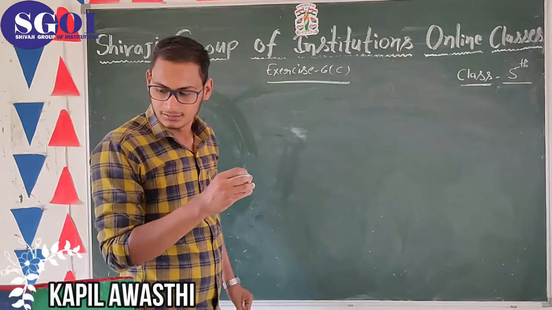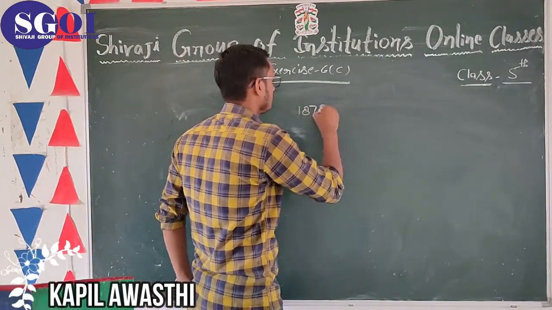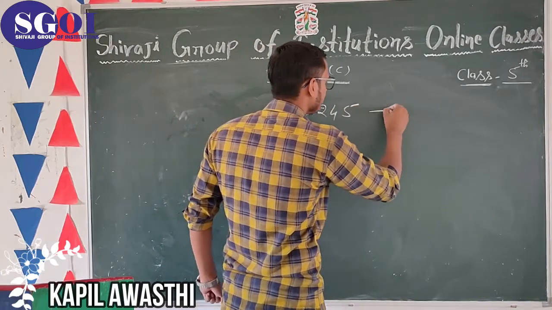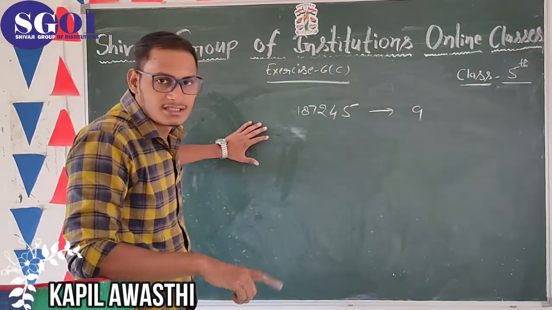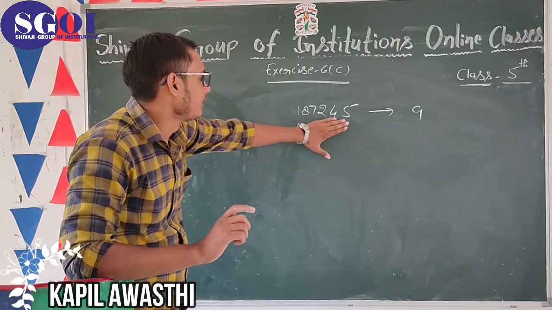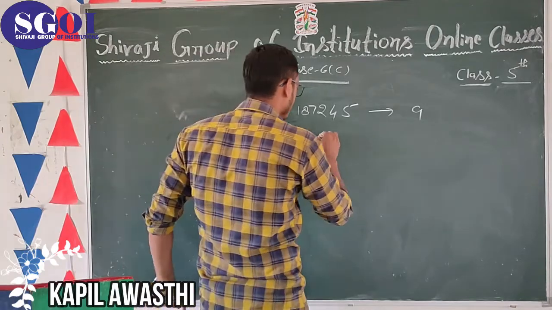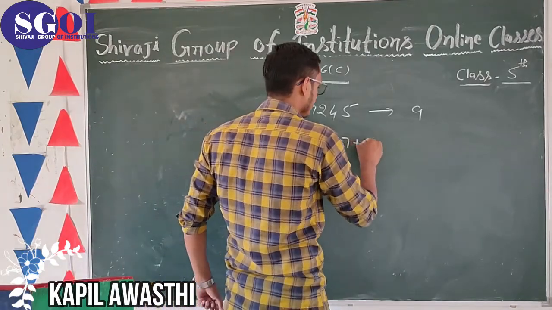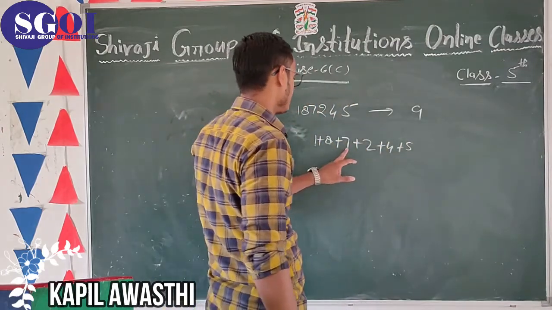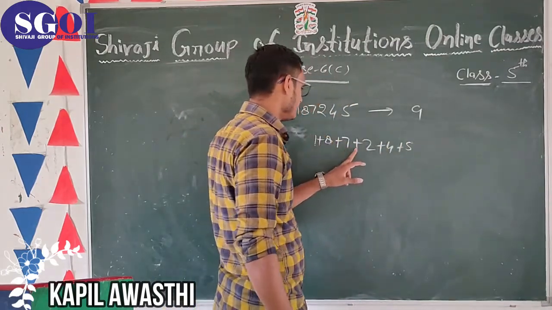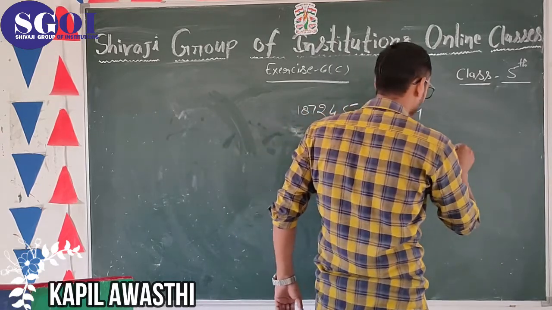So question number 1. We have to check whether this number is divisible by 9 or not. The rule is the sum of all the digits is divisible by 9. 1 plus 8 plus 7 plus 2 plus 4 plus 5. 9 plus 7, 16 plus 2, 18 plus 4, 22 plus 5, 27.